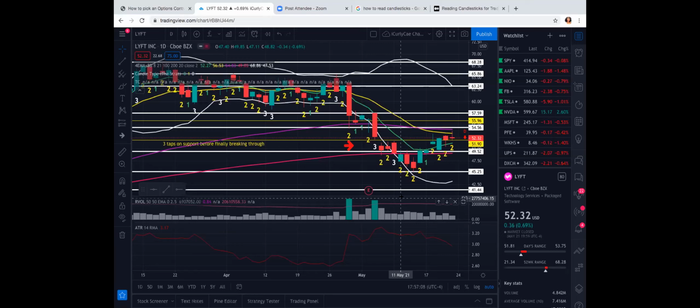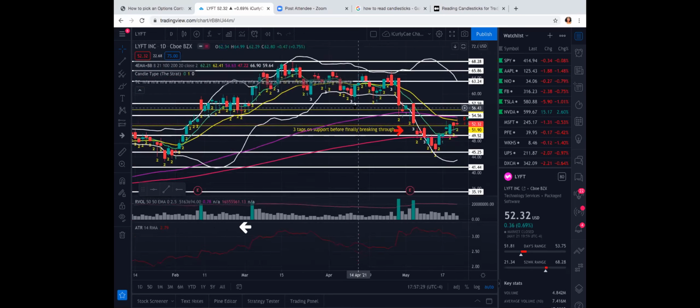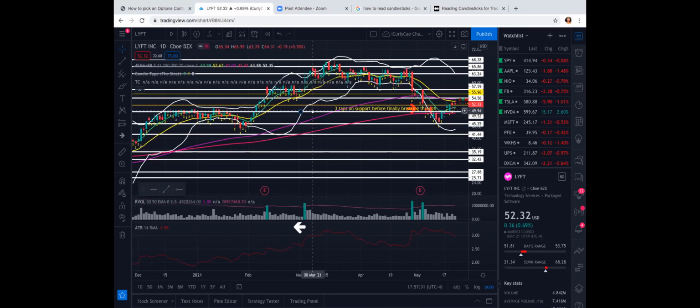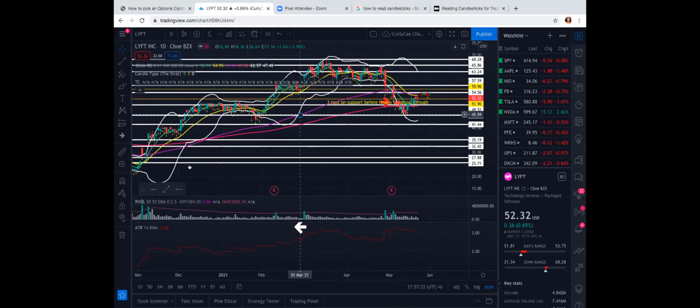So obviously, when it comes to support and resistance, like I stated before, you want to make sure that you have multiple taps on your line, and you want to see what the actual price action is doing. Sometimes it's good to just have a clear chart so that you can see the overall trend. If I were to zoom out of this particular stock, I can see long term, this stock is bullish.